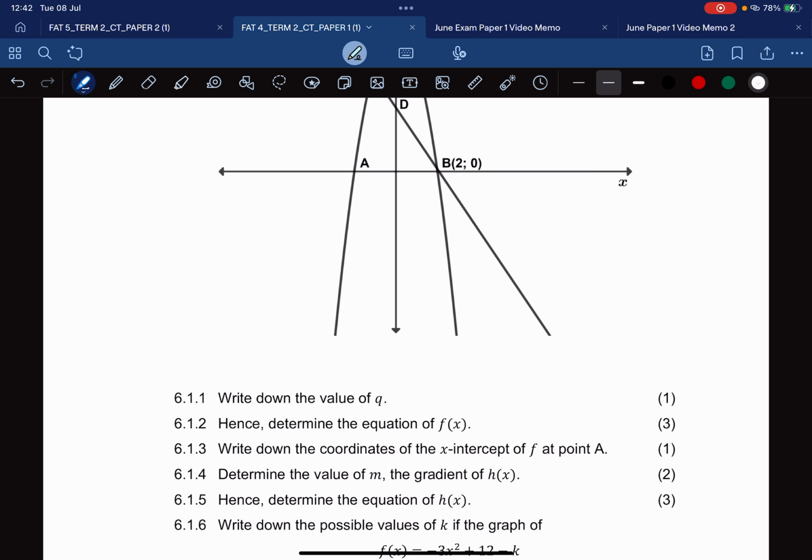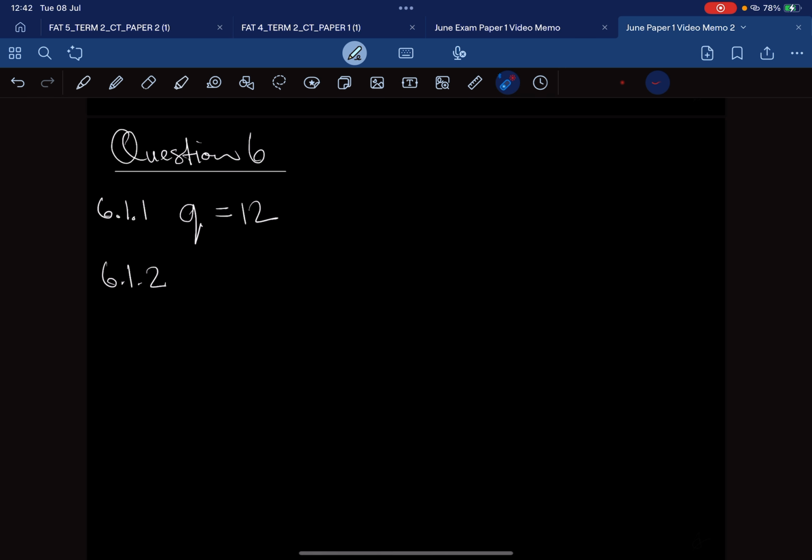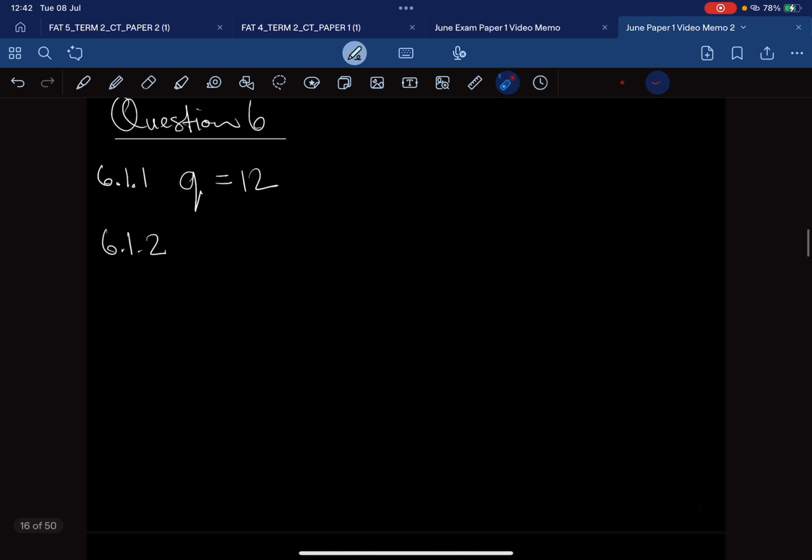So if I go up here, now that I have my q value, what I've got for the equation of f of x is as follows. f of x currently is equal to ax squared plus 12, right? We have the q value, q is equal to 12, and they say from what you've gotten so far, determine the equation of f of x.